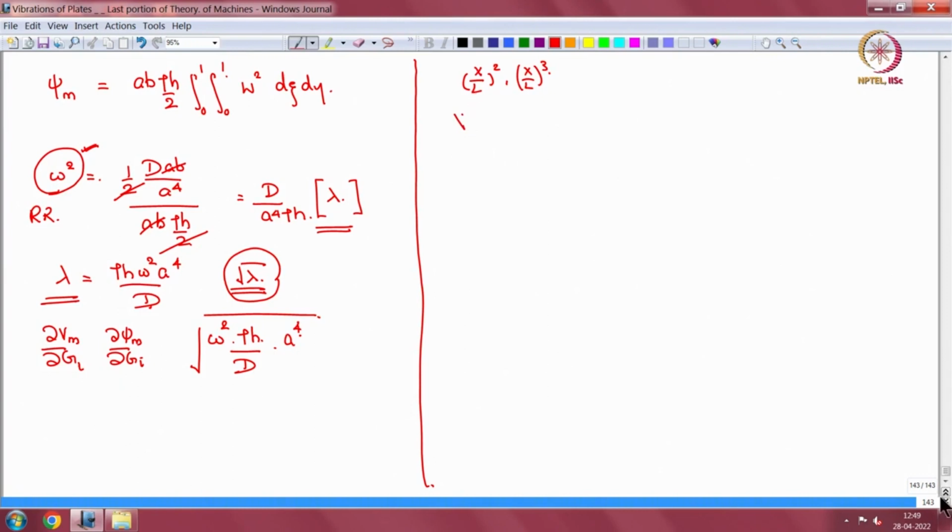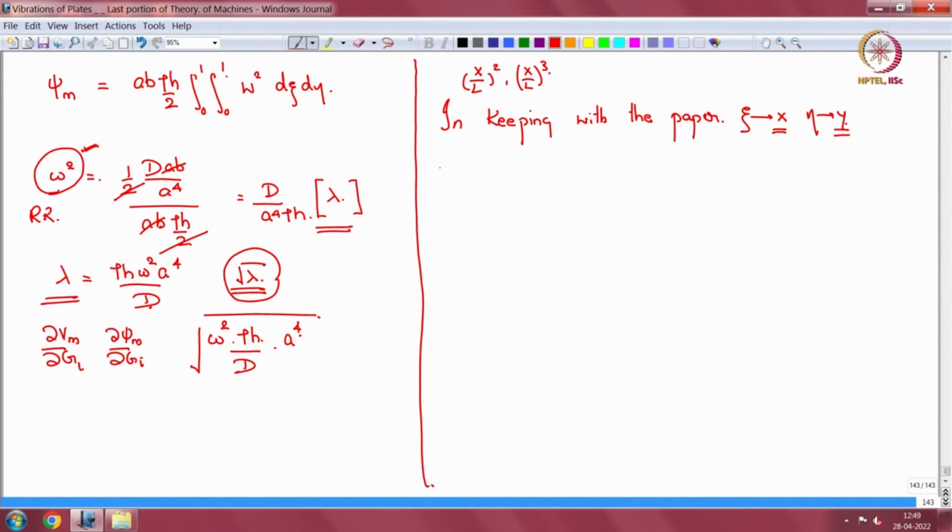Let me do one more thing, in keeping with the paper so that students do not get confused. I will switch back to xi as x and eta as y. So, x and y are the non-dimensionalized variables, that is how the author uses it. So, I will go back there.